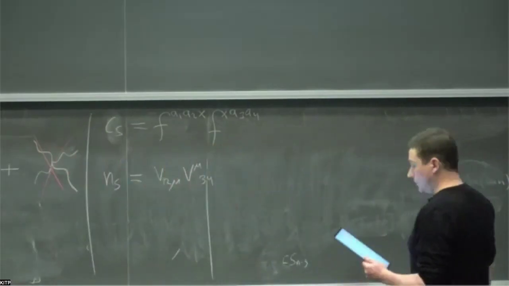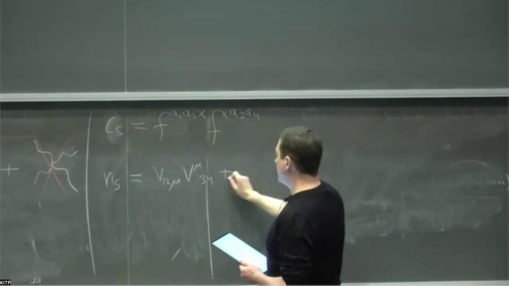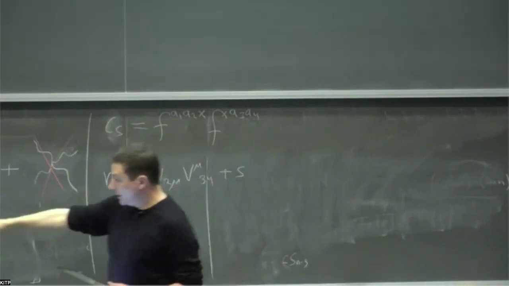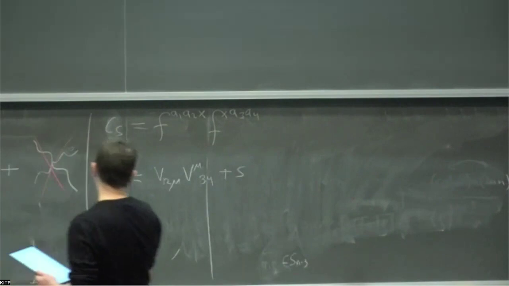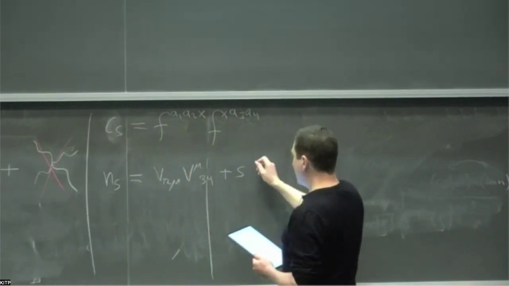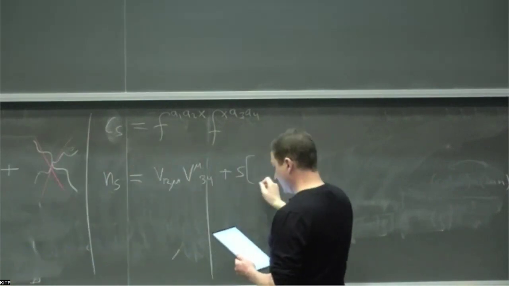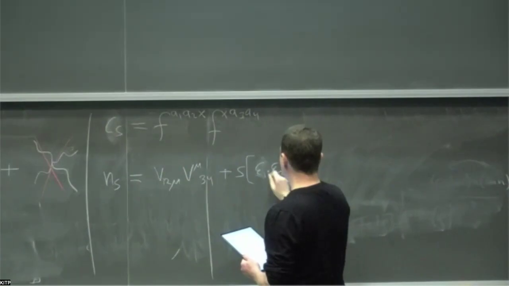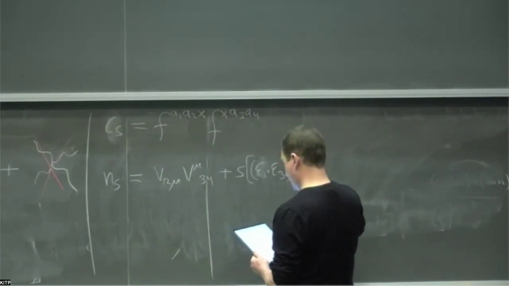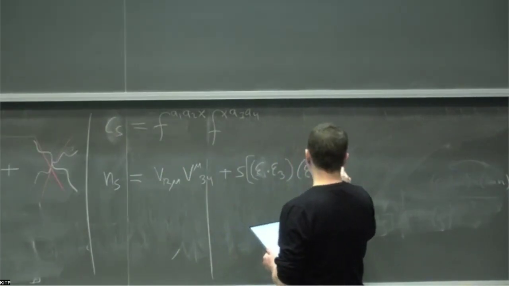I cannot just use the Feynman rule, so I have to write something which is proportional to S, because S upstairs has to cancel S downstairs in order to give me a contact term. And then you can pretty much figure out what it is by symmetries. So it's epsilon 1 dot epsilon 3, epsilon 2 dot epsilon 4.